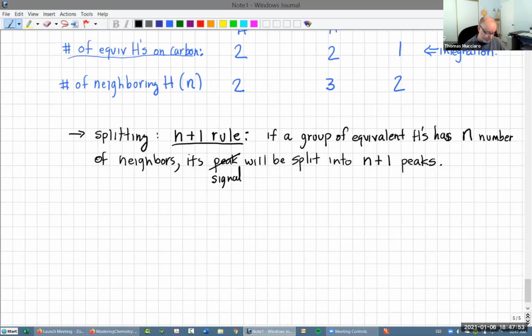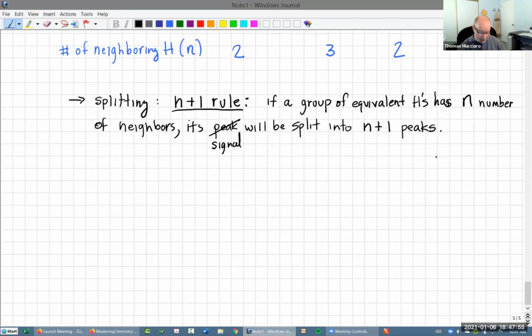All right, so let's look at an example. I'm going to go back to an example I used earlier, because it came up.